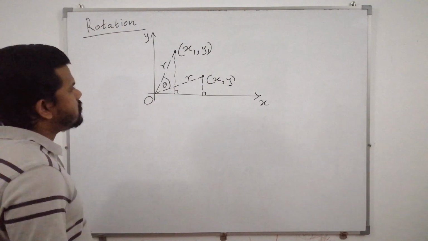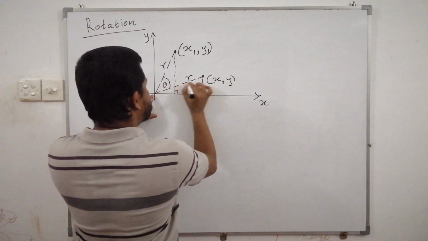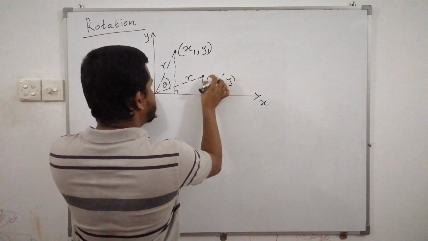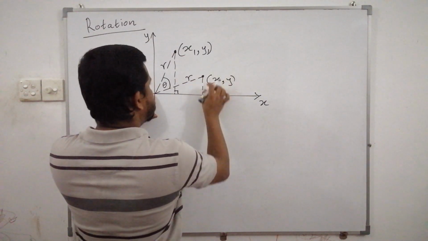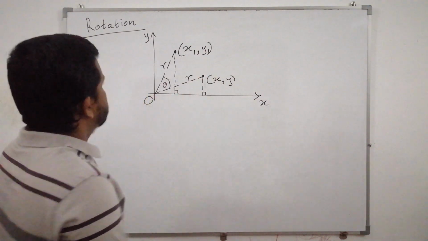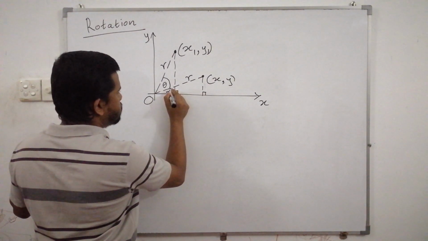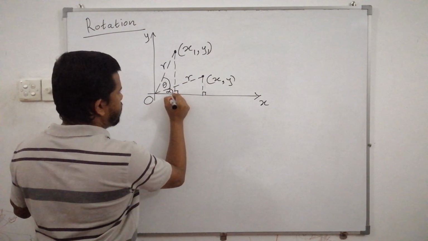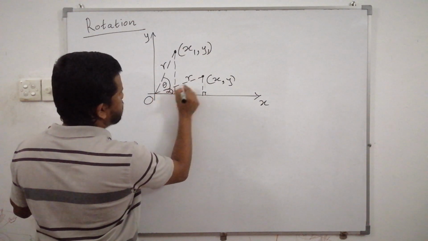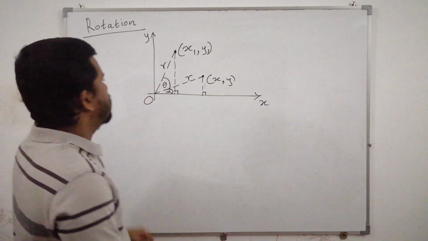Now if we consider this triangle, and then let's take this angle as alpha, this angle alpha.